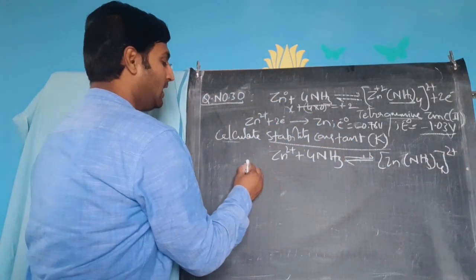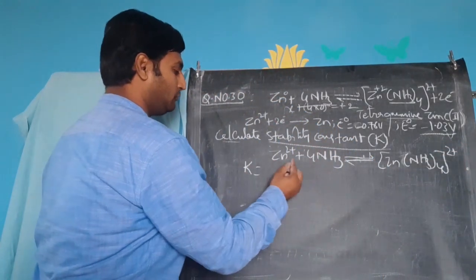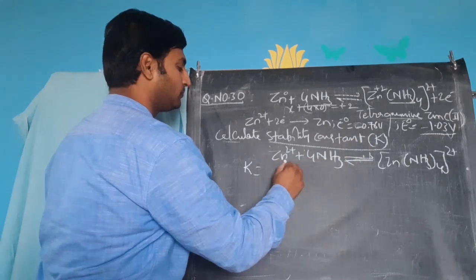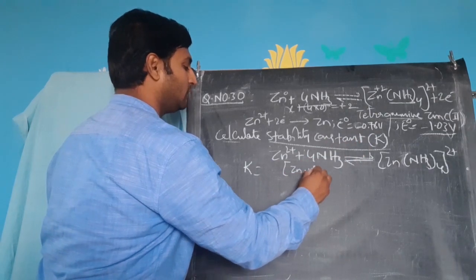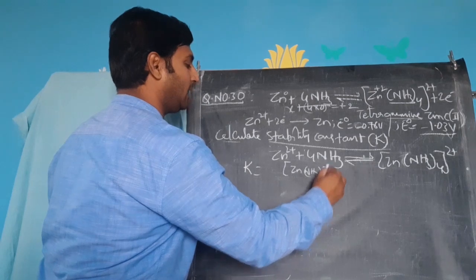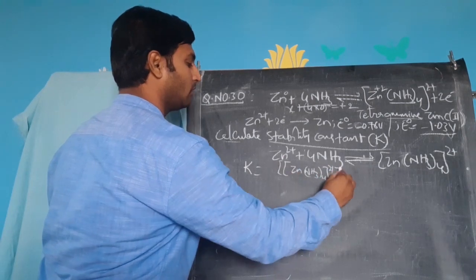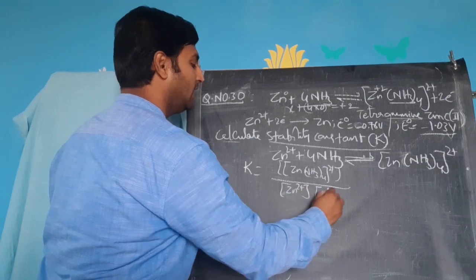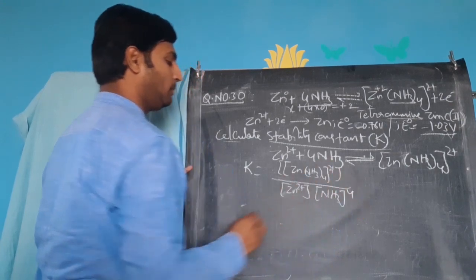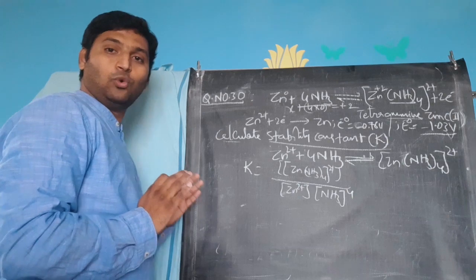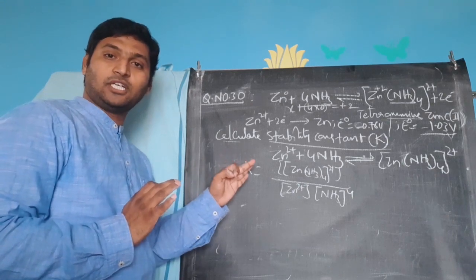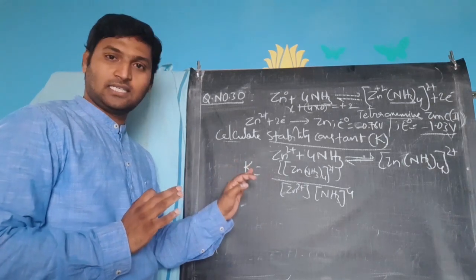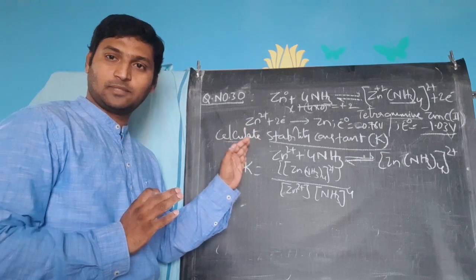Now simple. If I write the equilibrium constant for this, it will be equal to the concentration of the tetraammine zinc 2 complex divided by the concentration of zinc 2 plus into the concentration of ammonia to the power 4. This would be the expression for the stability constant for this particular complex.